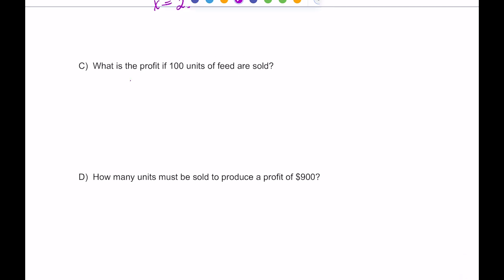What is the profit if 100 units of feed are sold? Okay, so how do I find profit again? It's after you take the cost and subtract it from the revenue. So again, I know R of X is 24X and C of X is 20X plus 100. We want to make sure we put the 20X plus 100 in parentheses because you're subtracting that entire quantity.